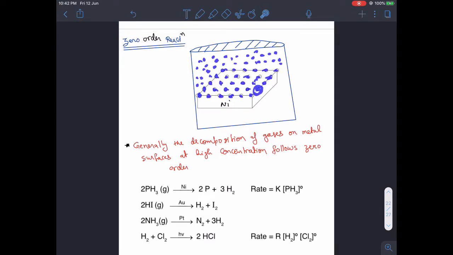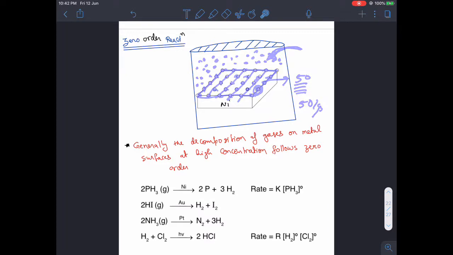No matter what amount you increase, only those already settled on the surface will decompose per second. Suppose these sites are 50, then at most 50 will decompose per second, no matter how much PH3 you take.